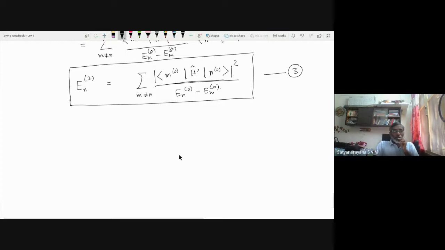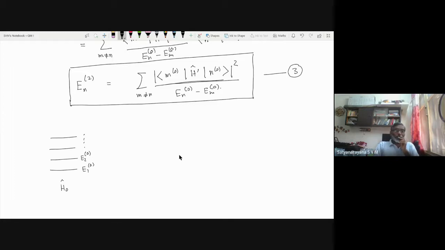So essentially what this means is the following. Suppose I have, let's say, these energy levels. So let's say this is E1 0, E2 0, etc. These are the eigenstates of H0, the unperturbed energy eigenvalues.